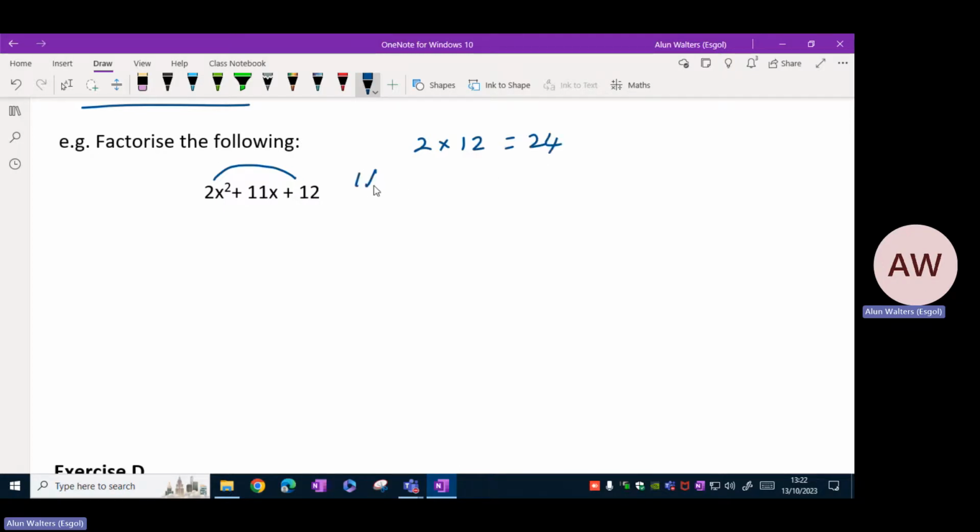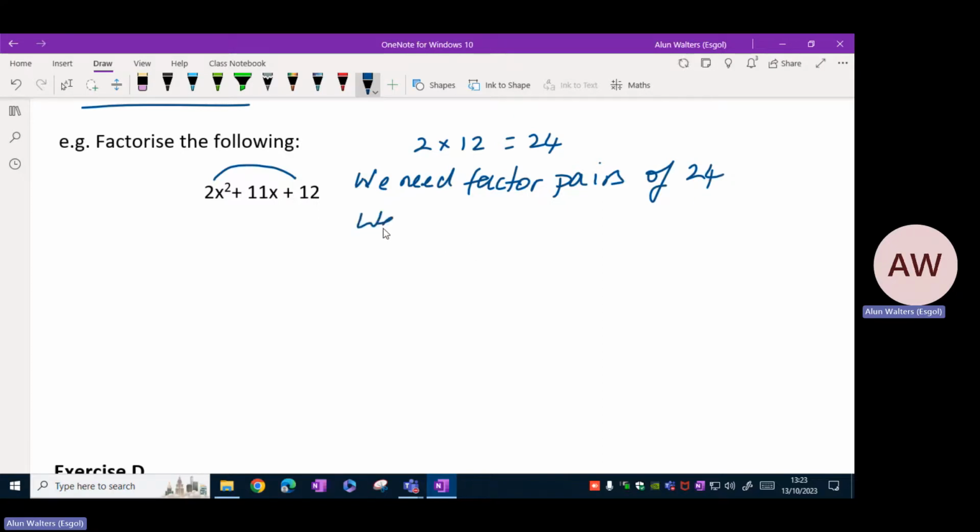So we need factor pairs of 24, two numbers that multiply to give you 24.